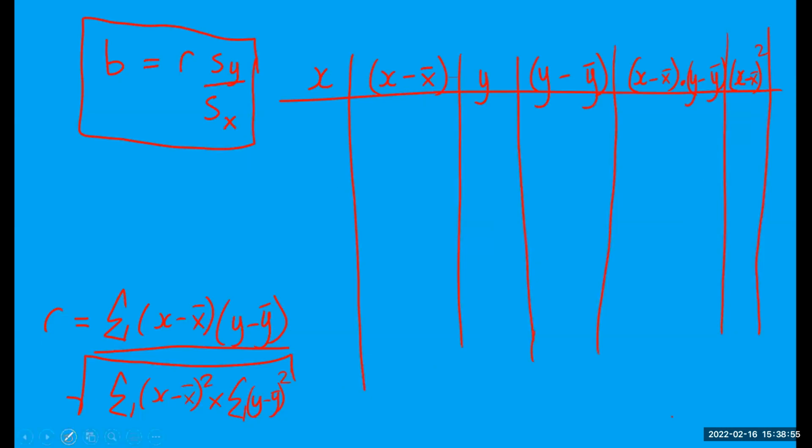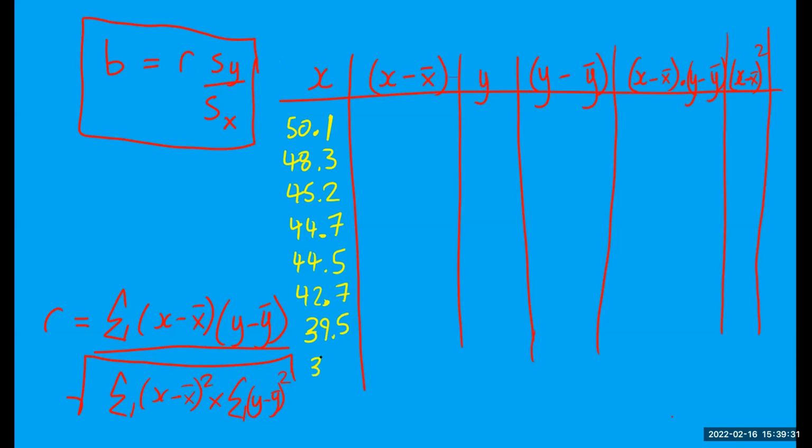So the x values were 50.1, 48.3, 45.2, 44.7, 44.5, 42.7, 39.5, and 38.0. Yes, sir. All right, great.